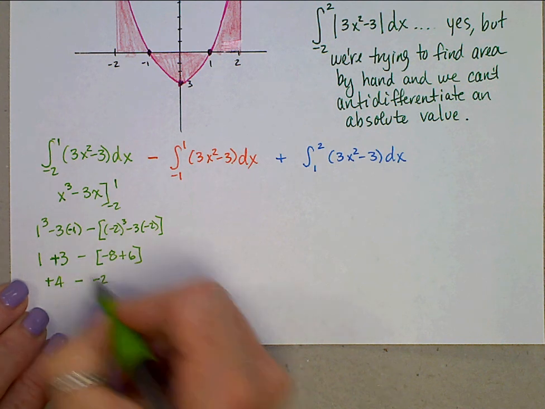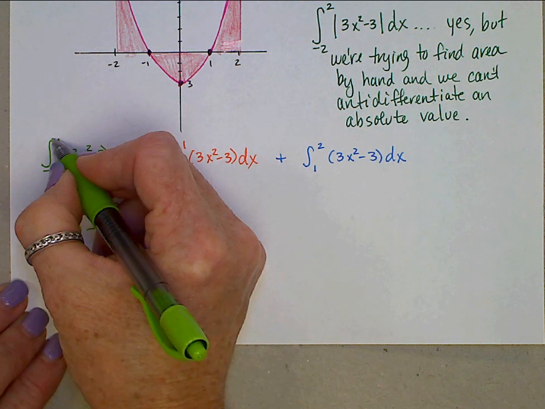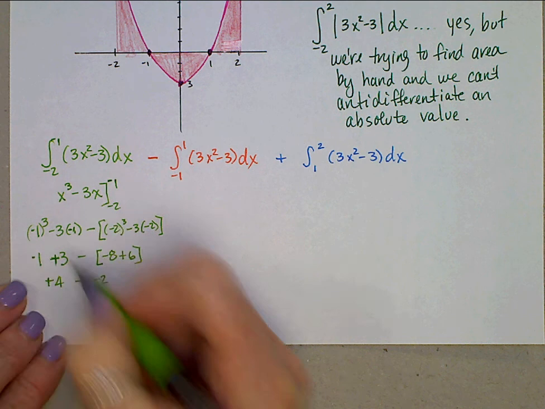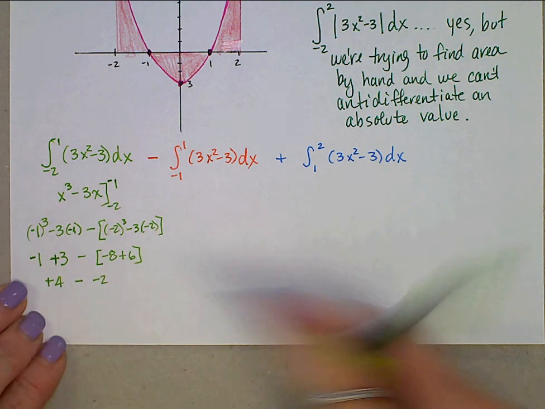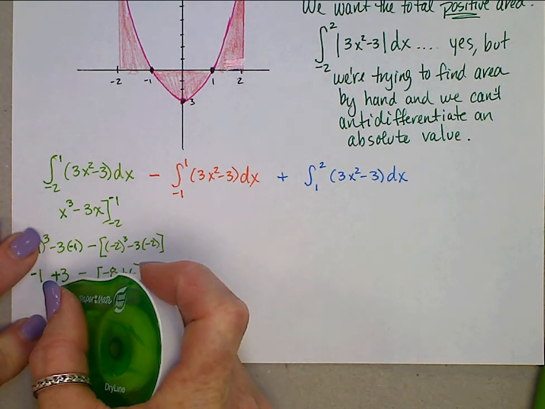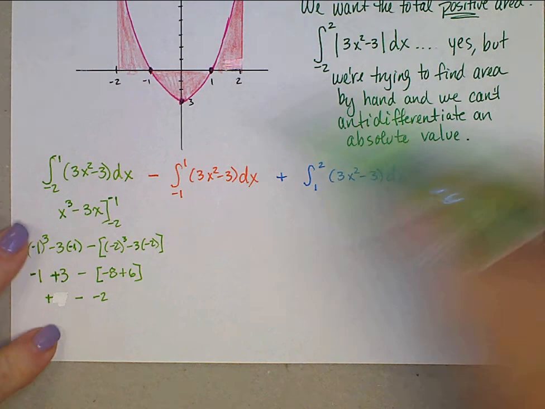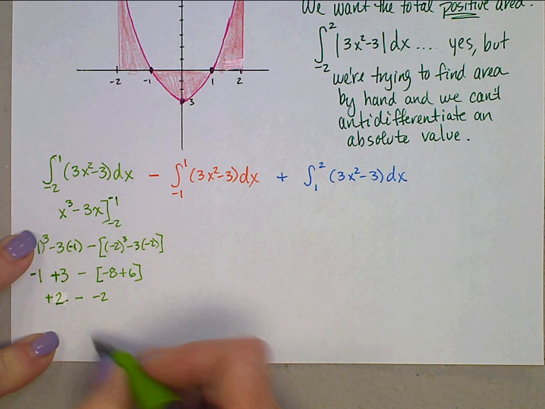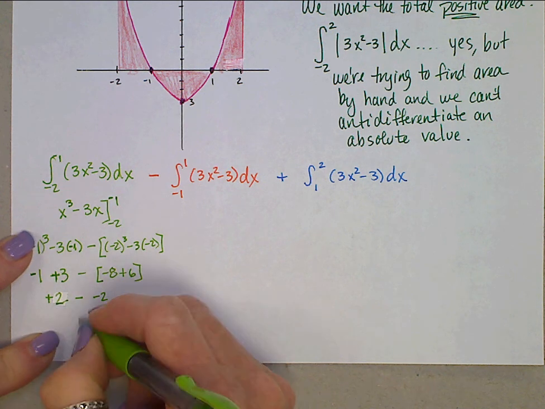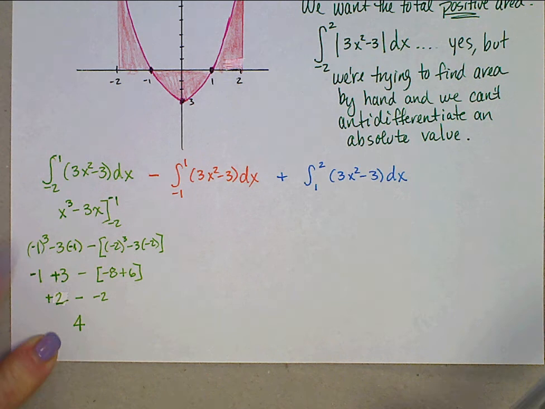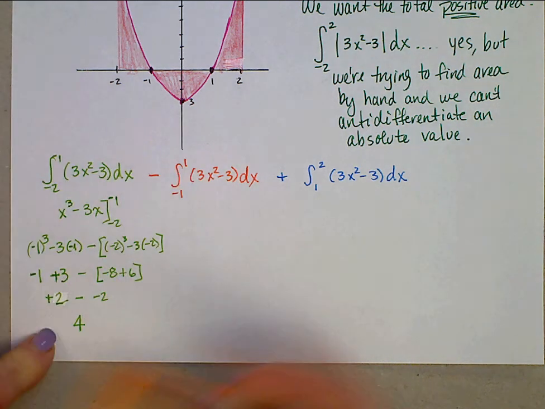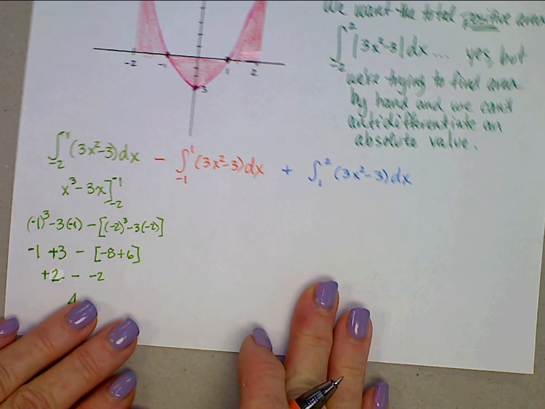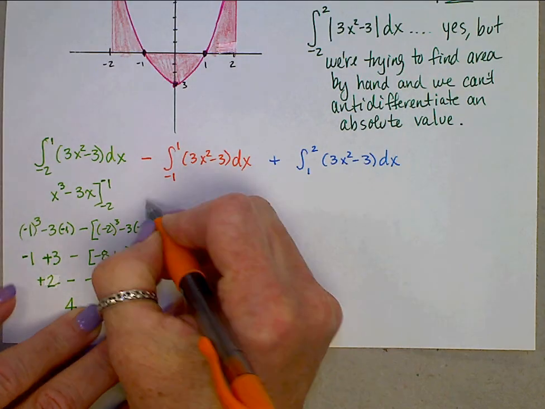Let's try again. -1 cubed is negative. -1 plus 3, that's 2. Now we have 2 minus a -2, 4. I knew what answer I was supposed to come up with, and it wasn't working, so I had to find my mistake.